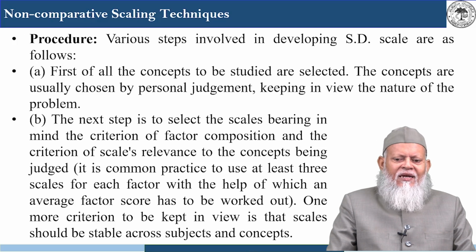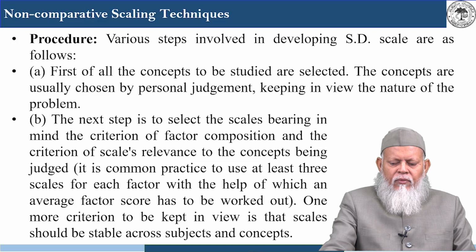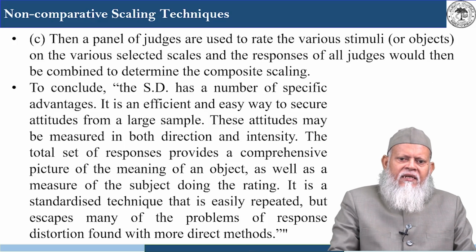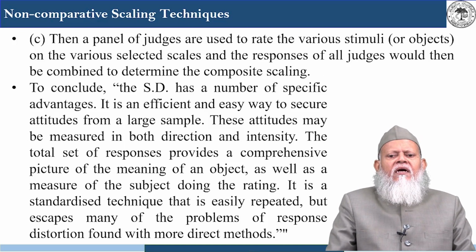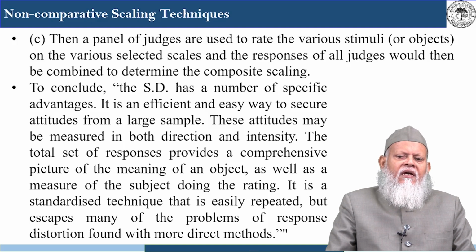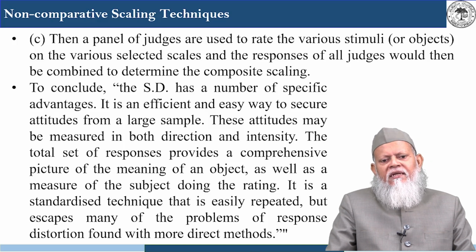Otherwise, the scale would not be proper. It would become an improper scale. Then a panel of judges is used to rate the various stimuli or objects on the various selected scales, and the responses of all judges would then be combined to determine the composite scaling.